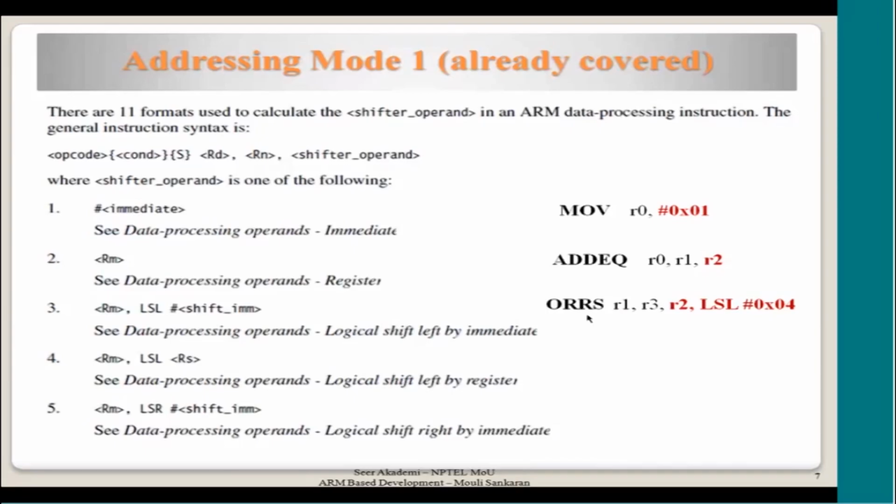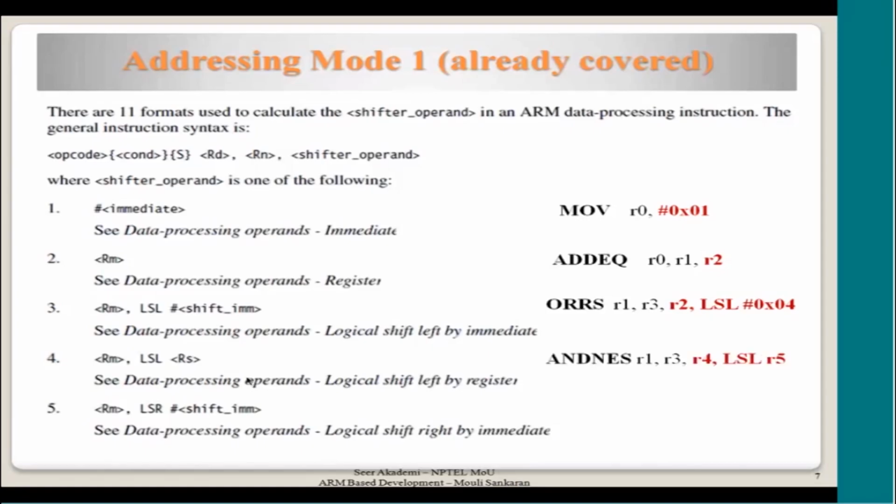In any logical operations, if you recall, except the overflow flag, the zero flag, the carry flag, as well as the negative flag will be affected based on the result that is written into R1 here. So this is about a logical operation with a shift operation. Okay, any other different operations could be mentioned.